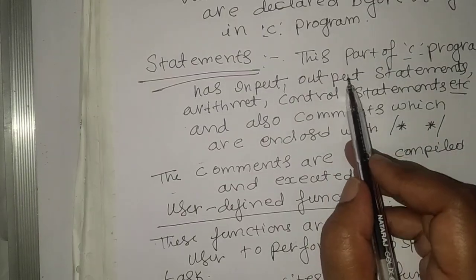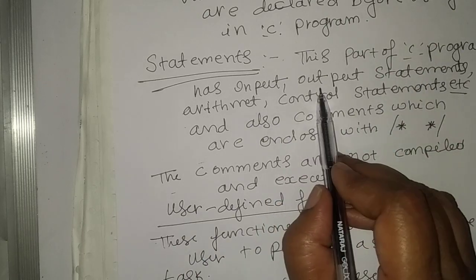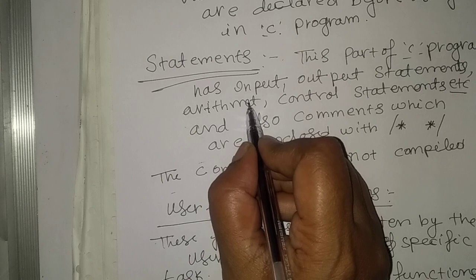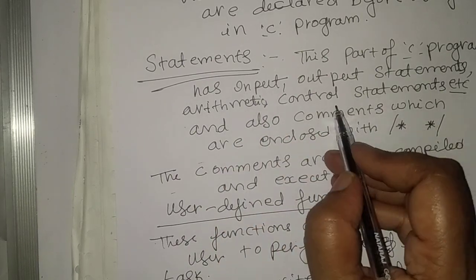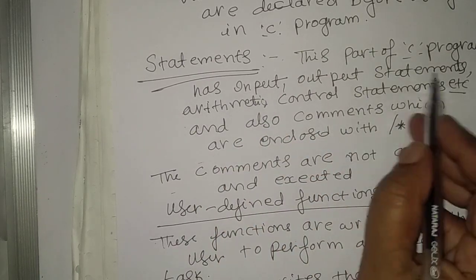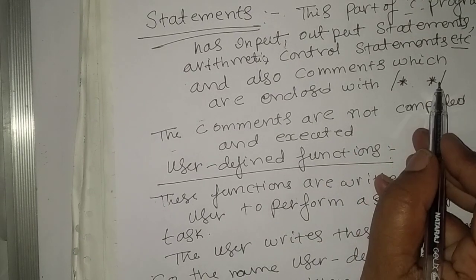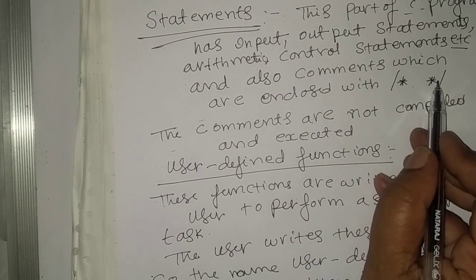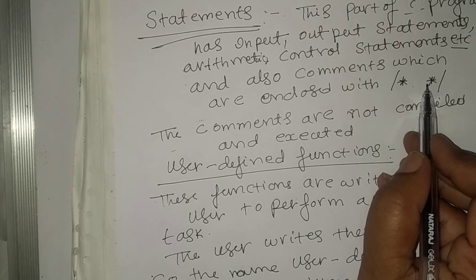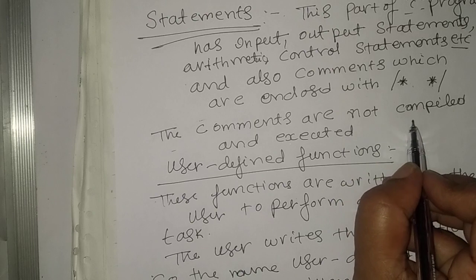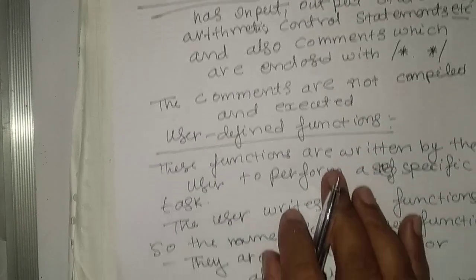Next is statements. This part of the C program has input output statements, arithmetic statements, control statements and also comments. Comments are started with slash asterisk followed by the statement and closed with asterisk slash. The comments are not compiled or executed.